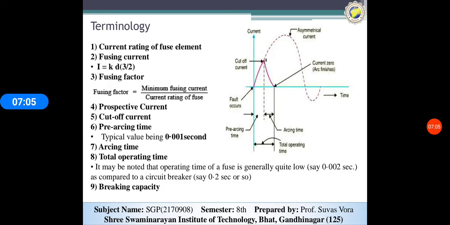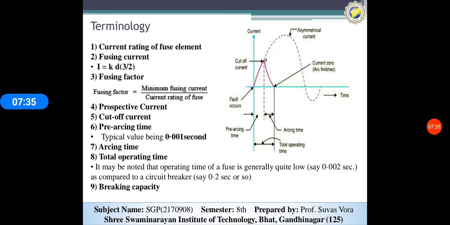Its value depends upon the metal of which the fuse element is made. It is the most important factor in designing the fuse. This identifies how to choose the value or capacity of the fuse, that is, what value of current will be applied to the fuse.